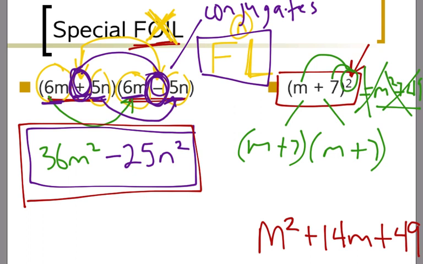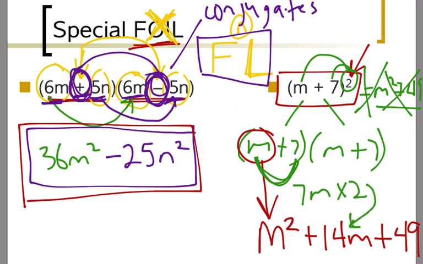What I did was I took the first number and squared it. Then I take the m and I times it by the 7, which will give me 7m, and I times it by 2, and that gives me the 14. And then last, I get the last number, the 7, and square it to get 49.